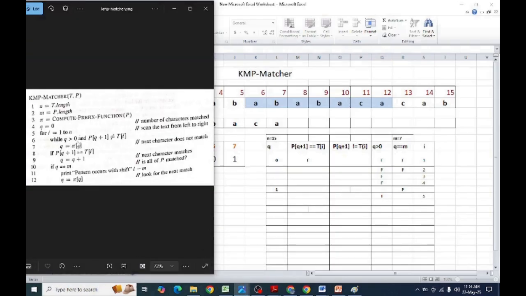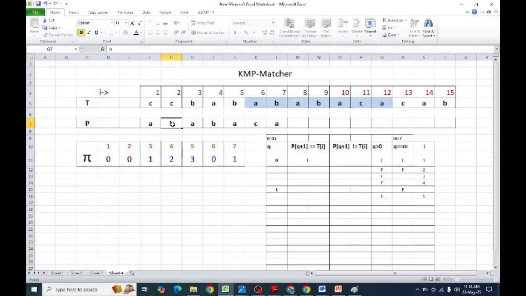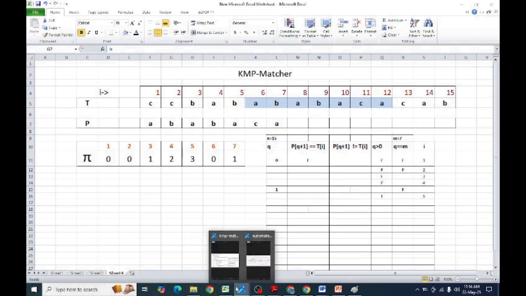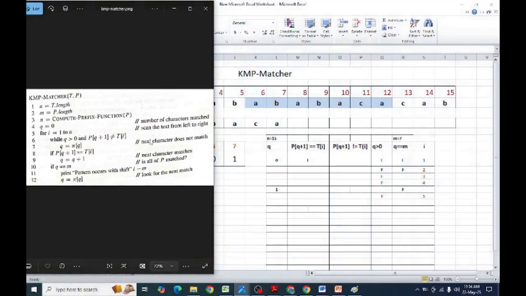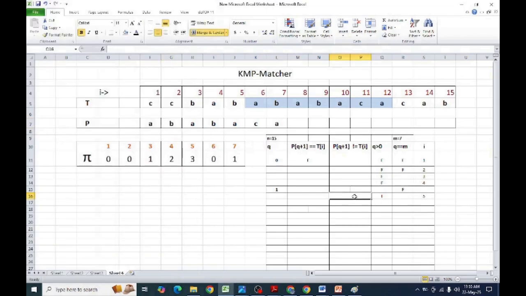Let us check what will happen. q greater than 0, this condition is true, but let us check p of q plus 1, that is p of 2, q is 1 now, so p of 2 not equal to t of i, i is 5 now, that is p of 2 and t of 5. p of 2 is this one and t of 5, it is not equal, okay, that is checked, but these two characters are equal, p of 2 and t of 5, these are equal, so this loop will not work. Okay, so now this condition is false.